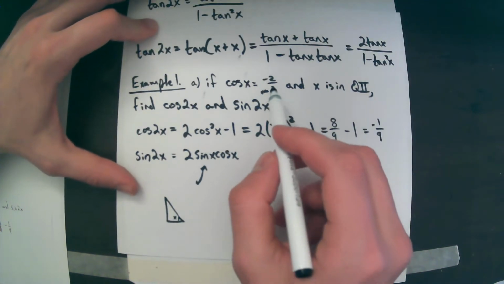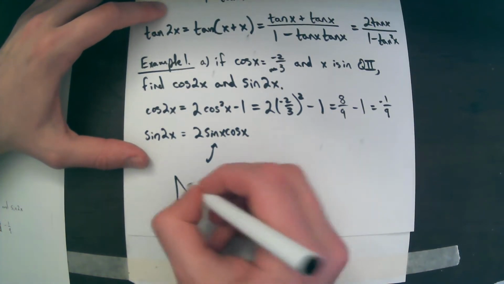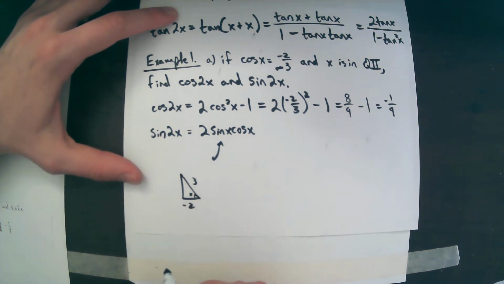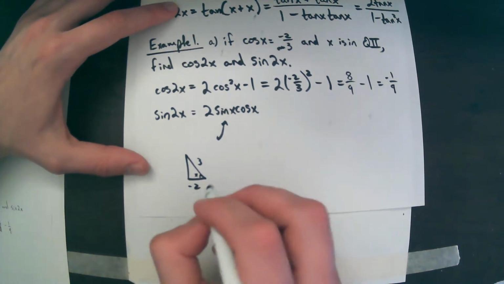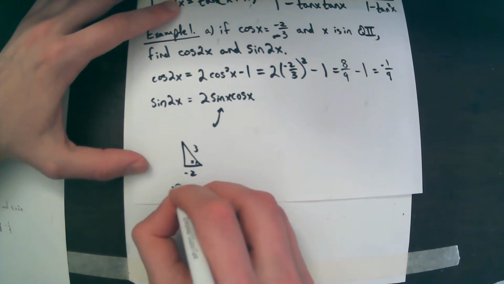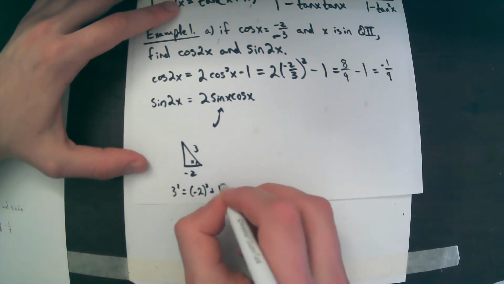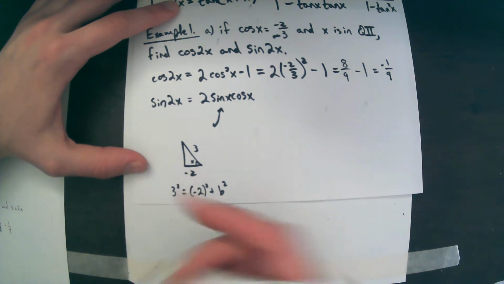And I know that cosine x is negative 2 over 3, so that's adjacent over hypotenuse. So I need to find this side using the Pythagorean theorem. So I'll say 3 squared is equal to negative 2 squared plus b squared, calling this side b.